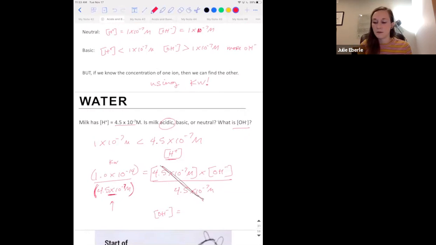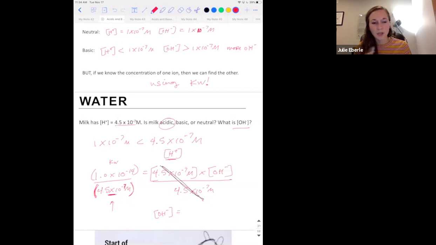Anybody do it? Well, I can do it. 1 times 10 to the negative 14 divided by, okay, Jenna said she got 2.22 times 10 to the minus 22. Oh, Lord, it's not going to, it's got to be the minus 8.